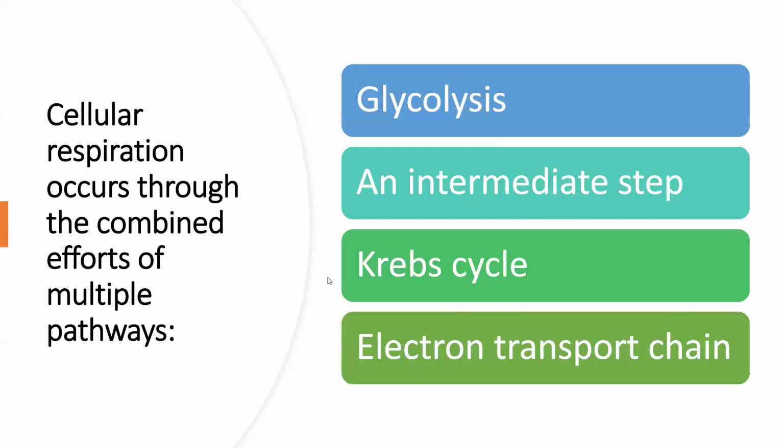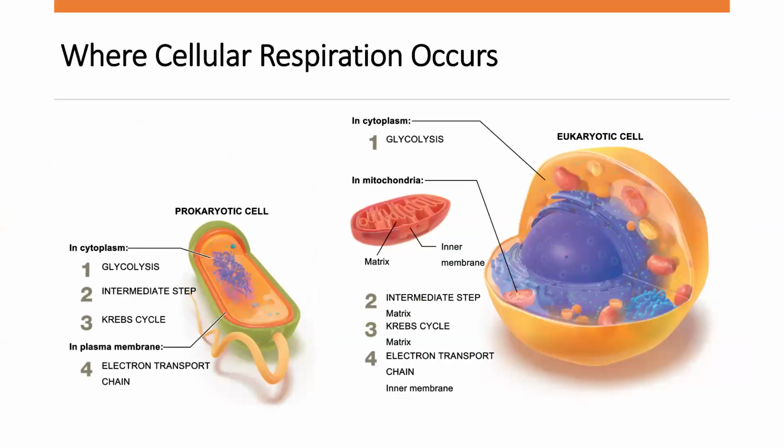In cellular respiration, which we're going to focus on here, there are four primary pathways: glycolysis, the intermediate step, the Krebs cycle, and the electron transport chain. These processes happen in a couple of different places. For example, glycolysis is going to happen in the cytoplasm of the eukaryote and the cytoplasm of the prokaryote.